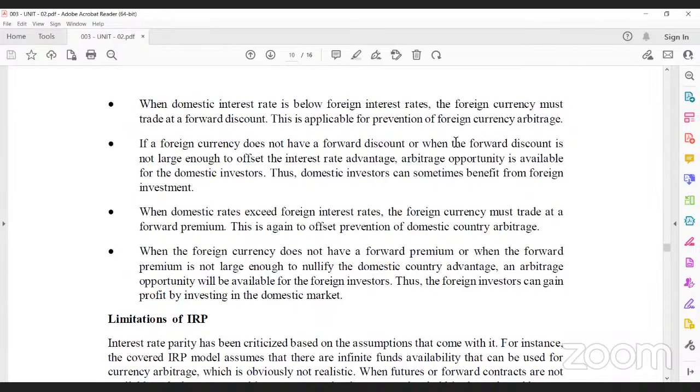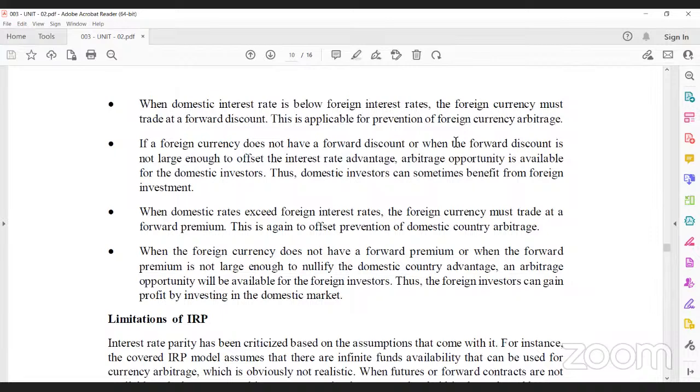In order to prevent foreign currency arbitrage, when the domestic interest rate is below the foreign interest rate, the foreign currency should trade at a forward discount. When the domestic rate exceeds the foreign interest rate, the foreign currency should trade at a forward premium.